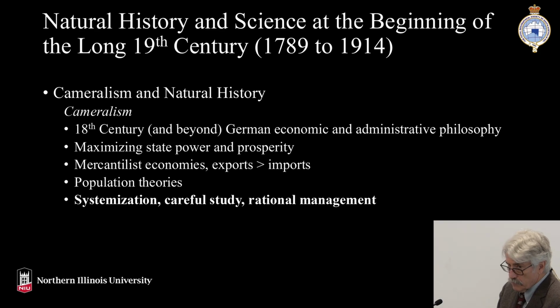Back then it was more mercantile, okay, not necessarily capitalist, where you're concerned with your exports and imports. Hopefully your exports are greater than your imports. Then we had all these population theories, and political economists thinking that population is good: you have a labor force, you have demand, and so on.